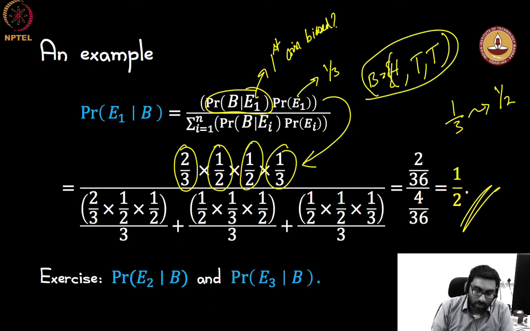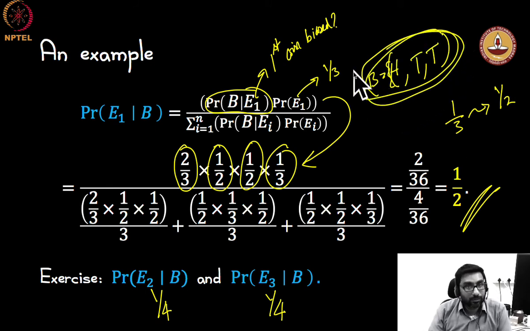And if you work out the other two, you'll find that these are both a quarter. These are the probabilities that E2 and E3 are the biased ones given this particular outcome. And this makes sense. If both of them showed up as tails, they are not likely to be the biased coin.